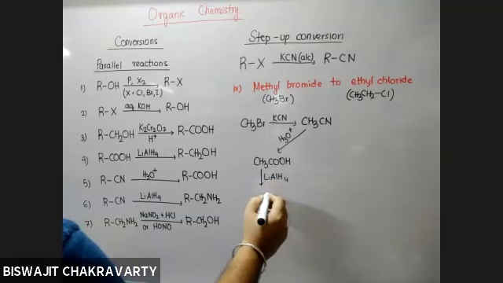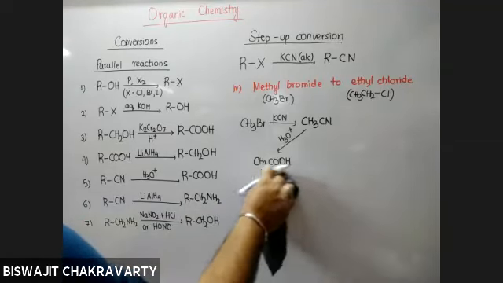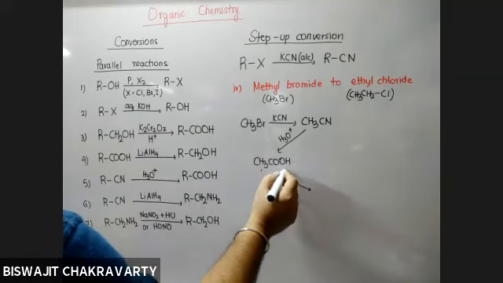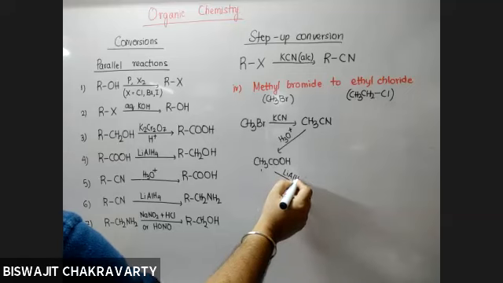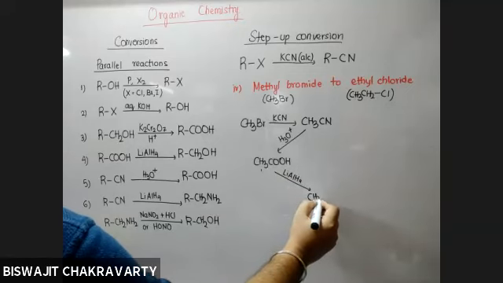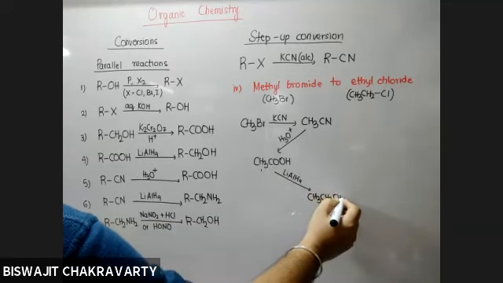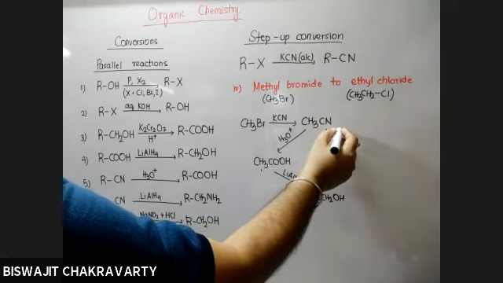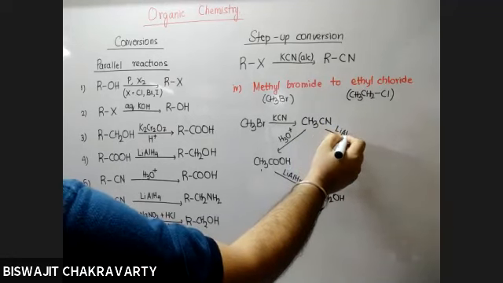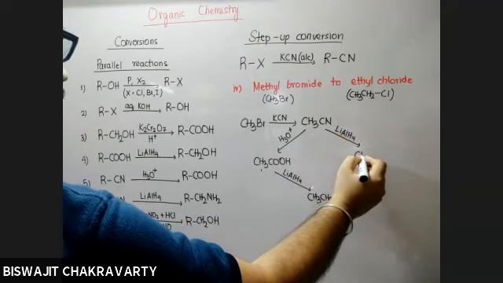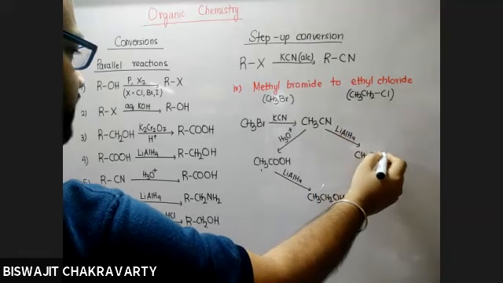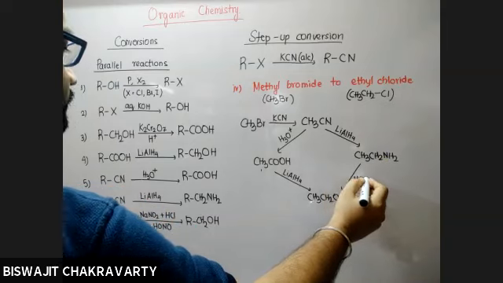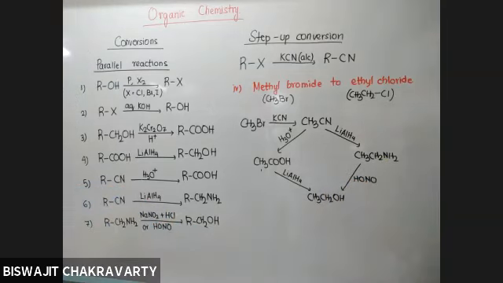Or with LiAlH4 you get CH3CH2NH2, and then treat this with HONO to get ethanol.